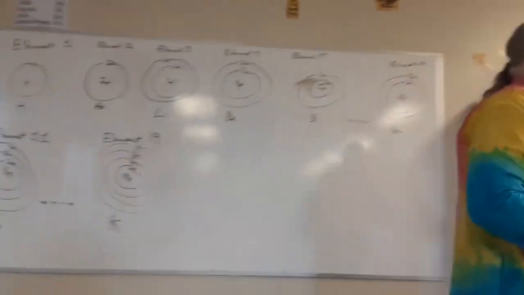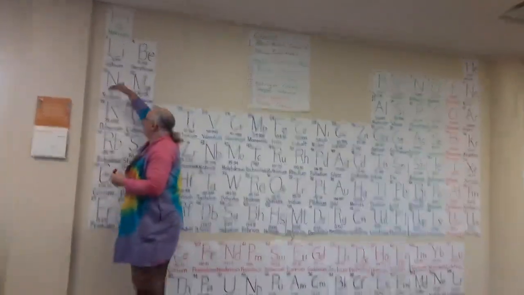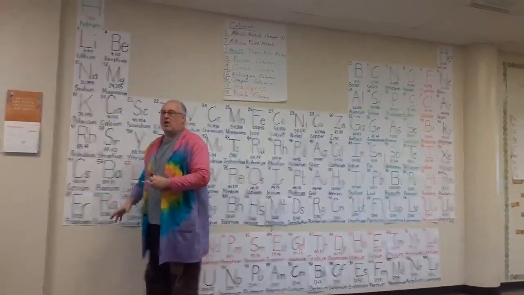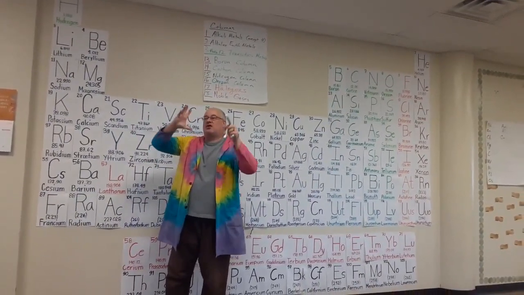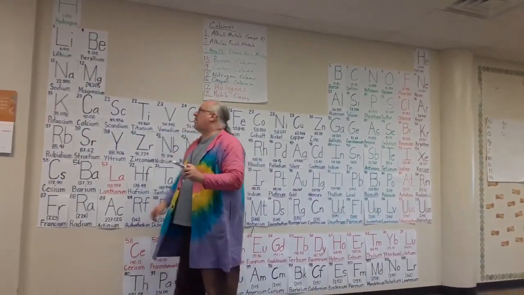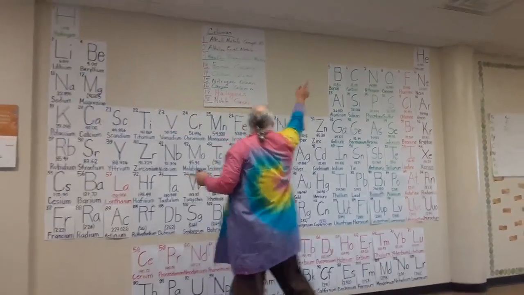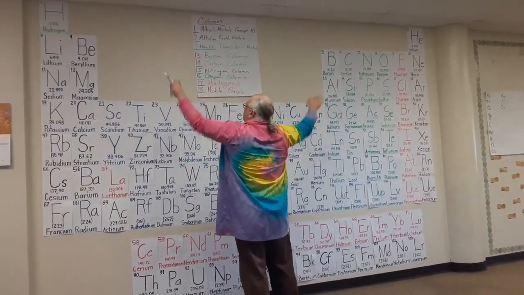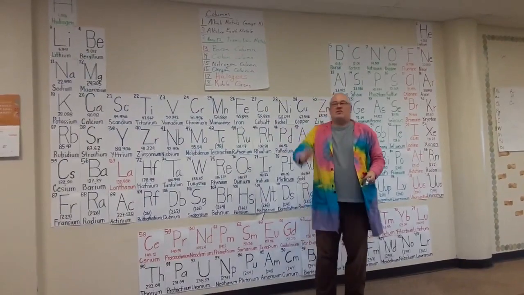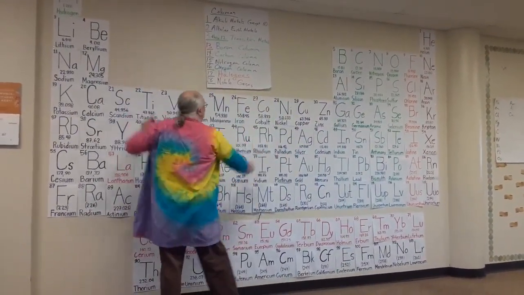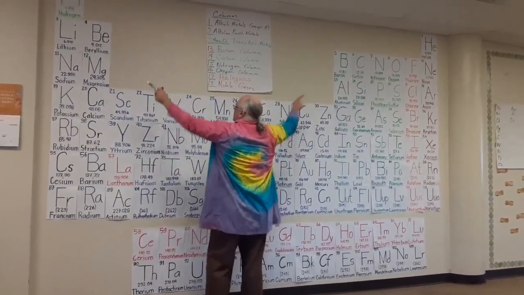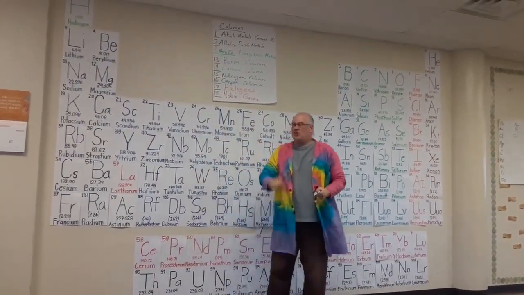So if we head back over to the table, every time you go down a row, if you drew that atom, there would be another electron shell added to the outside. So hydrogen and helium are on the very first row. They've got 1 electron shell. Lithium through neon, they are on the second row.